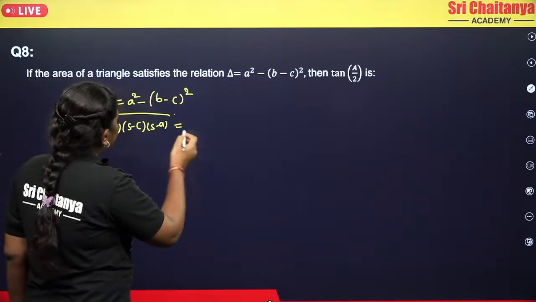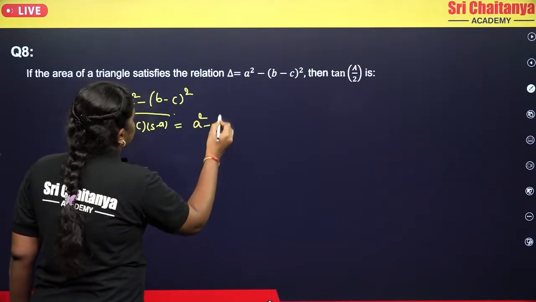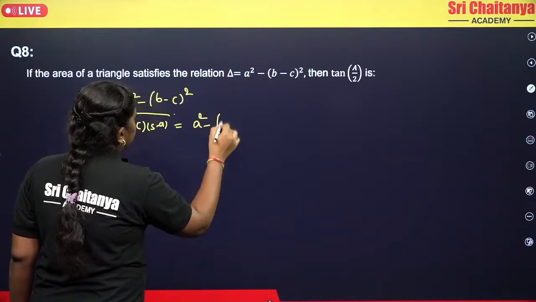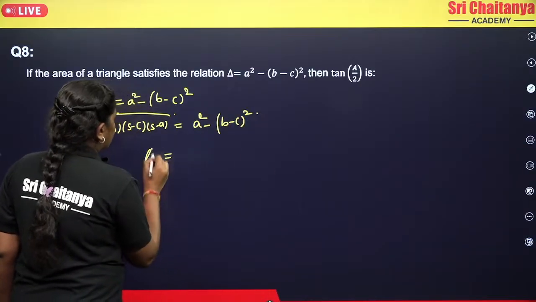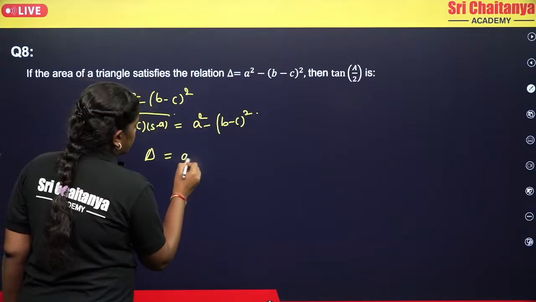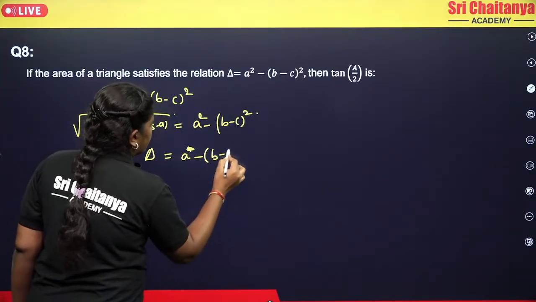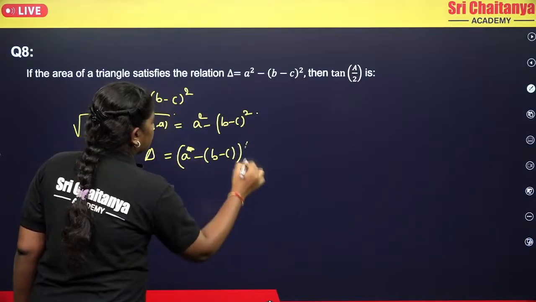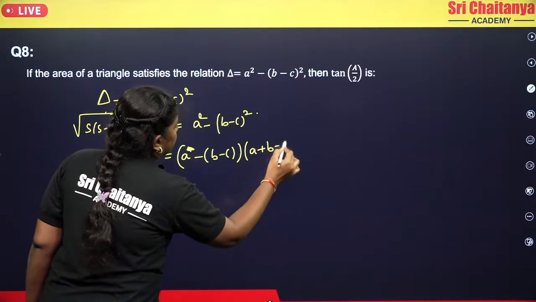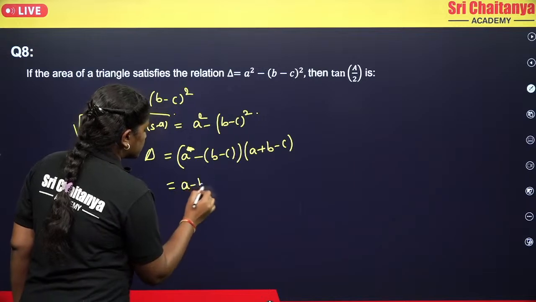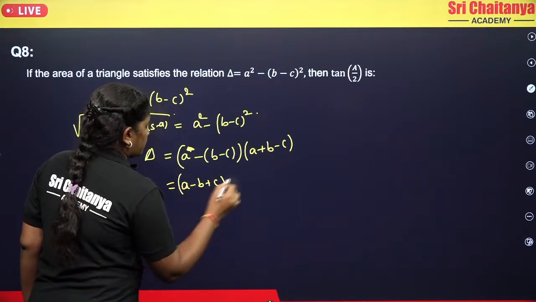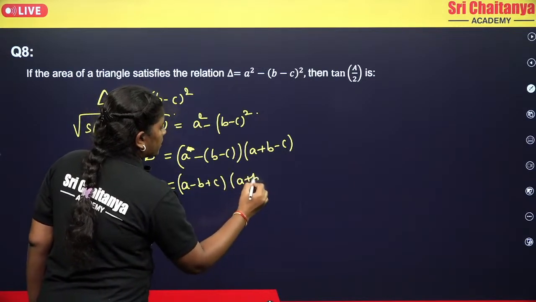So here we have a square minus b minus c whole square, right? We can reduce that, and det equals a square, we can write it as a minus b minus c into a plus b minus c. If you rearrange the terms, we get a minus b plus c into a plus b minus c.